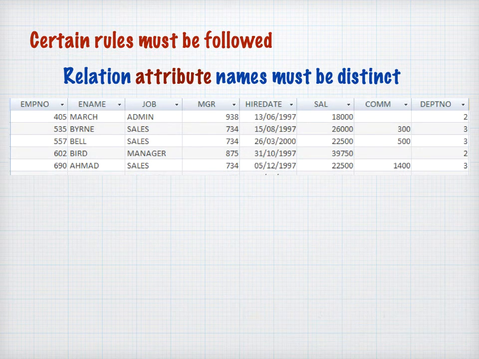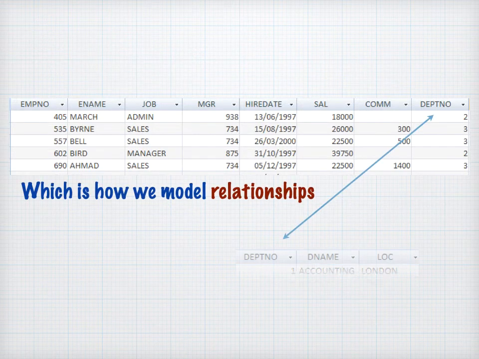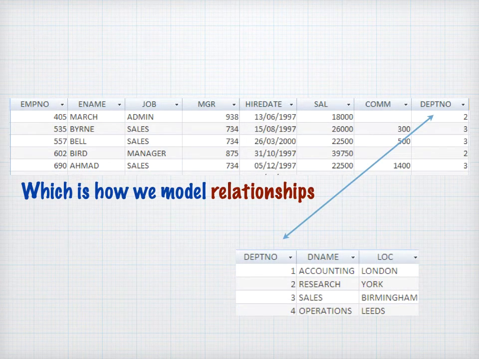So table names must be unique, but you may find, and I just mentioned this in passing, that sometimes names are duplicated in other tables, in other relations. For example, you may have spotted that we've got department number in the EMP table and we've got department number in the department table. And what we're doing here is we're actually modelling a relationship between those two tables.